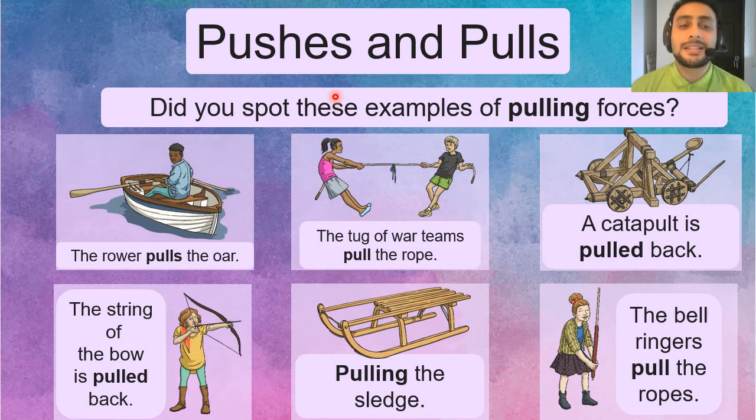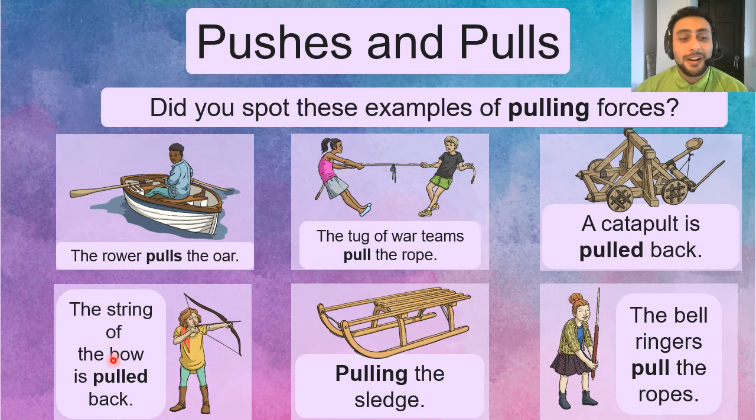Alright, now let's see some examples of pulling forces. For example, the rower pulls the oar. Look at here. He is pulling to move the boat. Or the tug of war teams. Look at here. The tug of war teams pull the rope. Or this catapult is pulled back to shoot it.